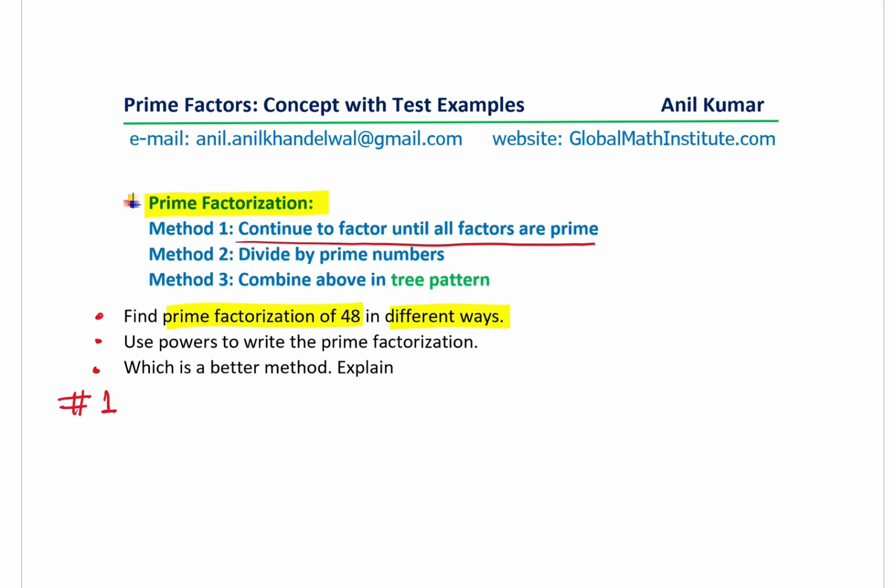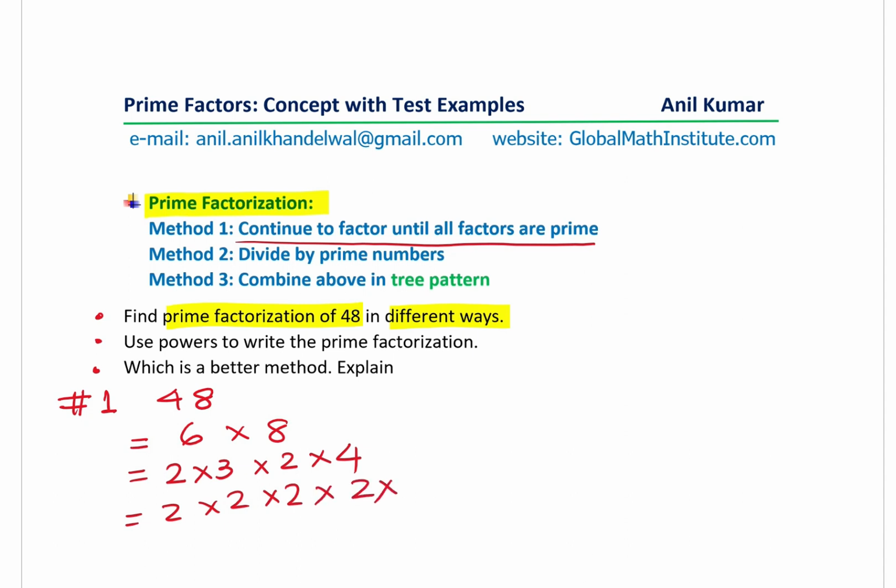The number of our interest is 48. We could write 48 as 6 times 8. And 6 can be written as 2 times 3. 8 can be written as 2 times 4. Now 4 can be further written as a product of 2's, right? 4 can be written as 2 times 2.